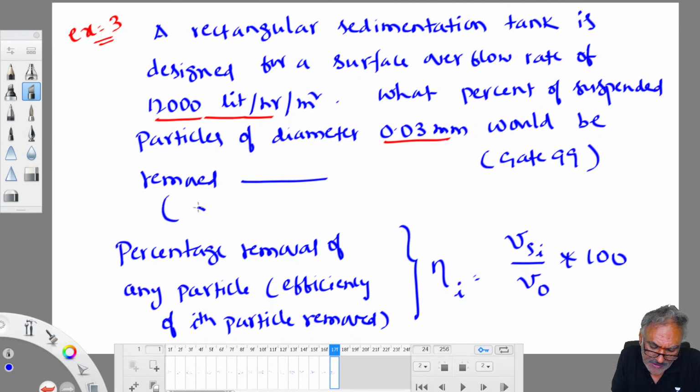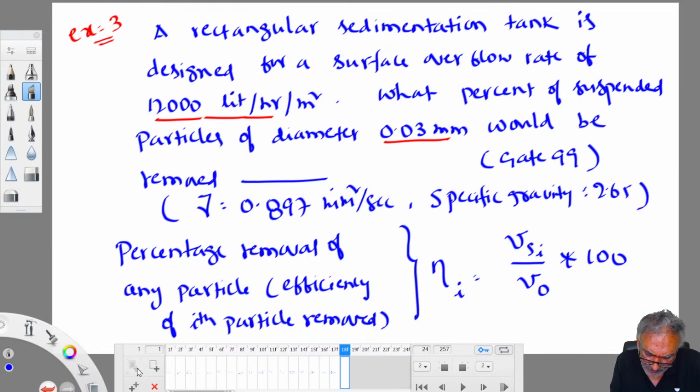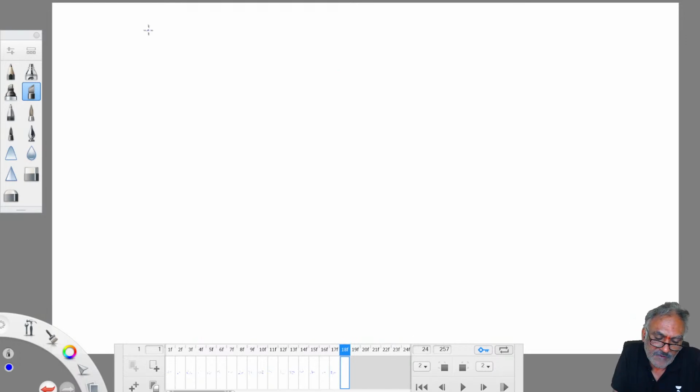As given in brackets, kinematic viscosity is equal to 0.0897 mm square per second. Then the specific gravity of the particle is given as 2.65. This information is also given to you. So using this information you can comfortably work out the settling velocity of the particle.